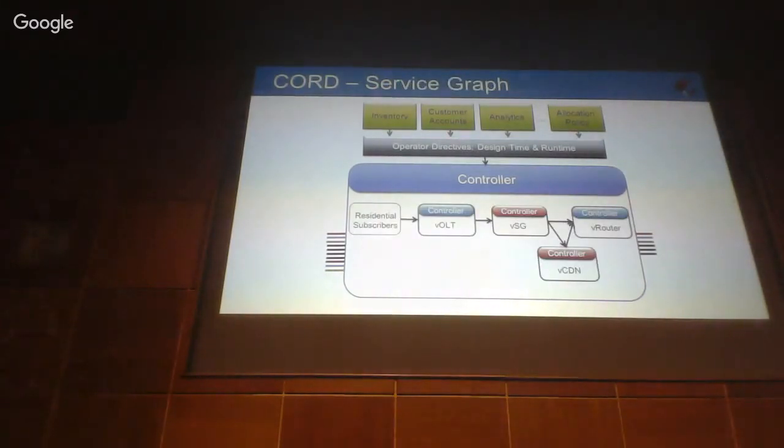Inside of CORD, we have what we call a service graph. This is a service graph for residential CORD, where we have the residential subscribers connected to a VOLT. They then connect through a VSG, optionally get content from a virtual CDN, or egress the network via a virtual router.